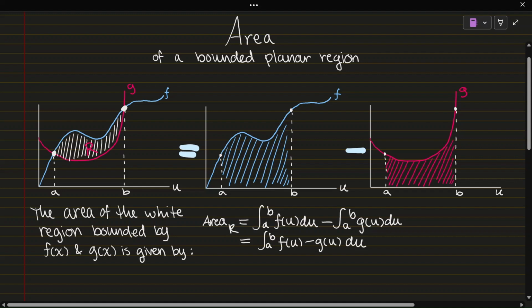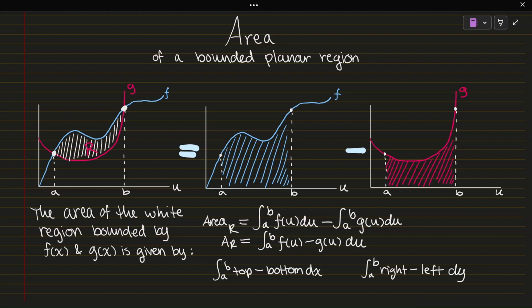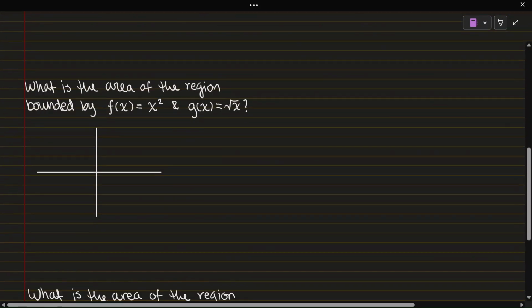Colloquially, we can write this area: if we're integrating with respect to x, we take the integral from a to b of top function minus bottom function, dx. If we're integrating with respect to y, we take the integral from a to b of right function minus left function, dy.